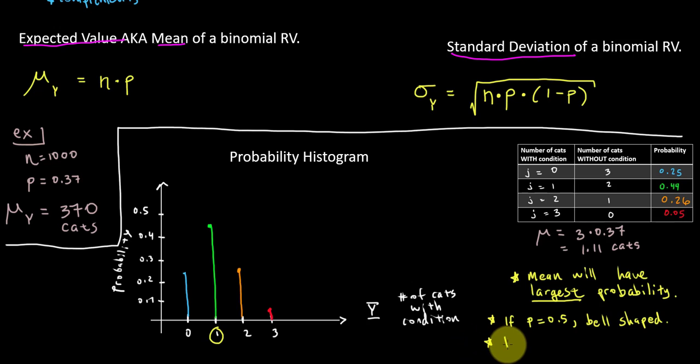If, say, our event probability for kitty cats was 0.9, like 90% of cats had the condition, well, then the largest probability would be up here, and then the left tail would be really long. So if that was the case, then this would be left skewed.